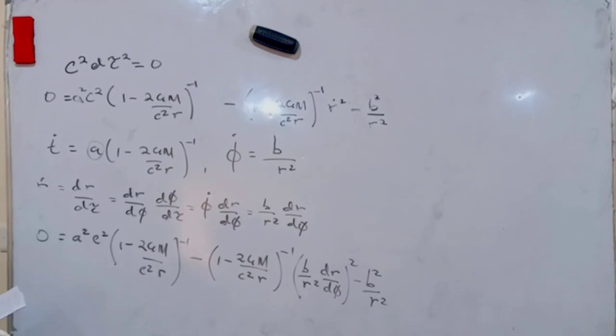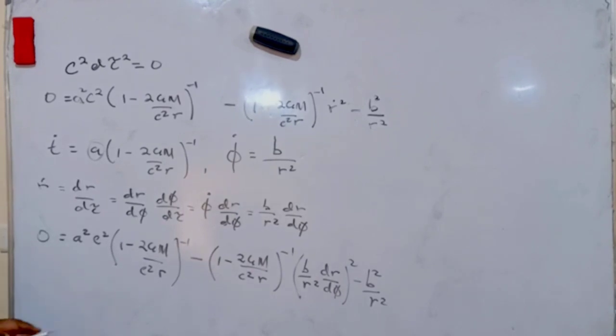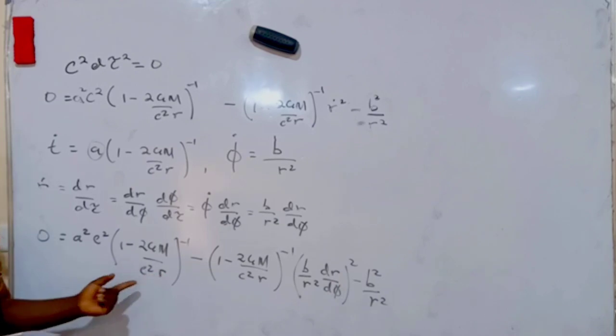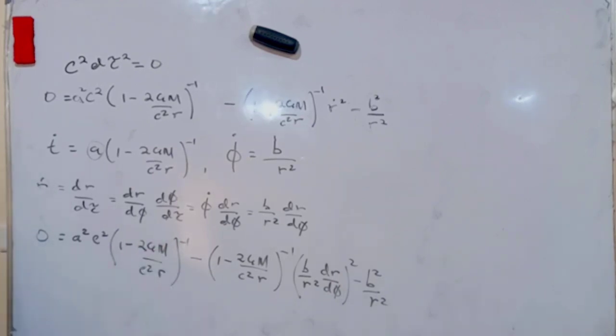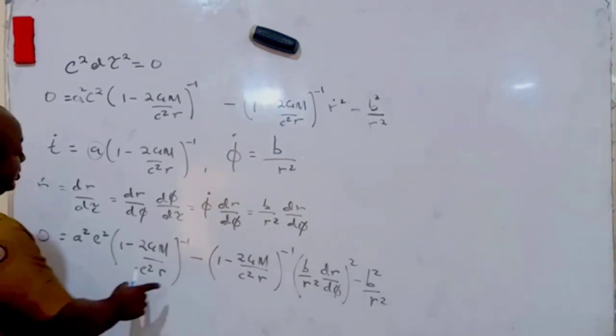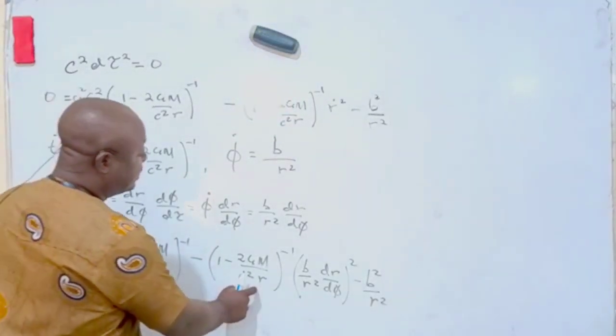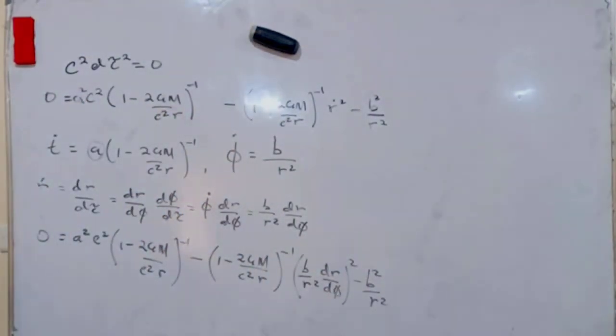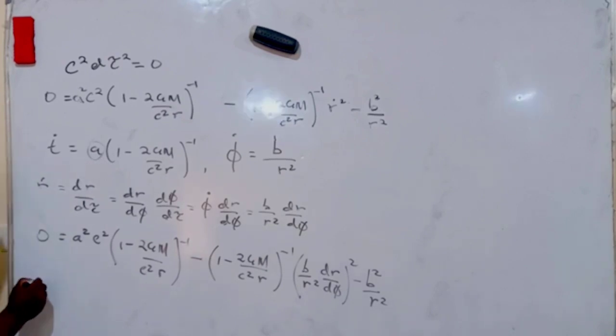What if I multiply all through by this? If I multiply all through by that, this will go, and only this will have that.